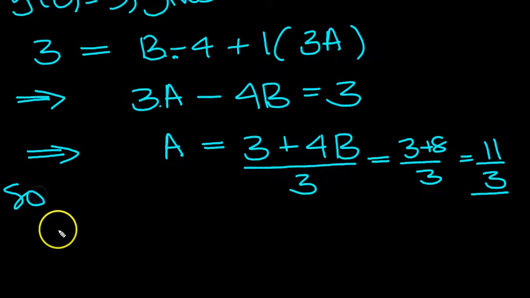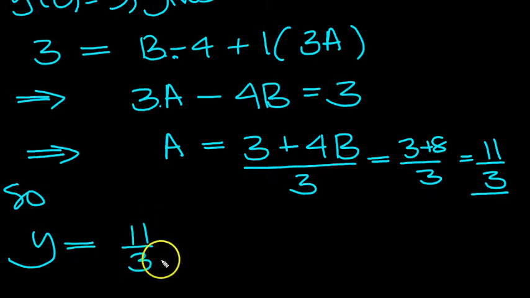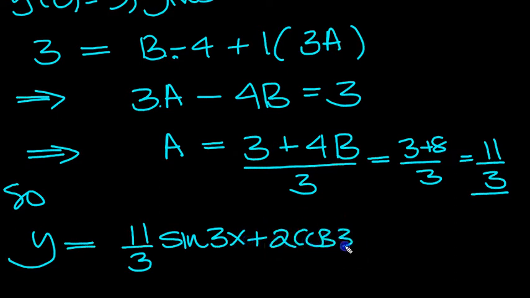So then, the answer, this is the particular solution. A is 11/3, so it was 11/3 sine beta x, which was 3x, plus b, which is 2, cosine beta x, all times by e to the alpha x.